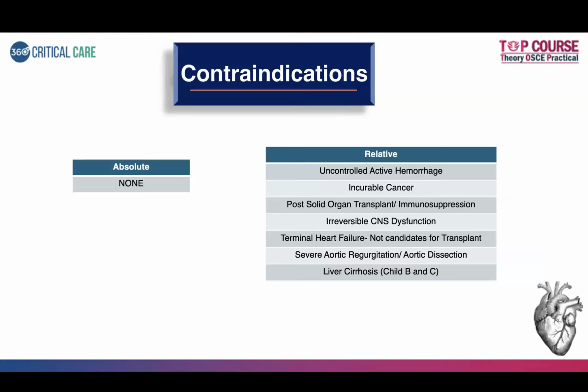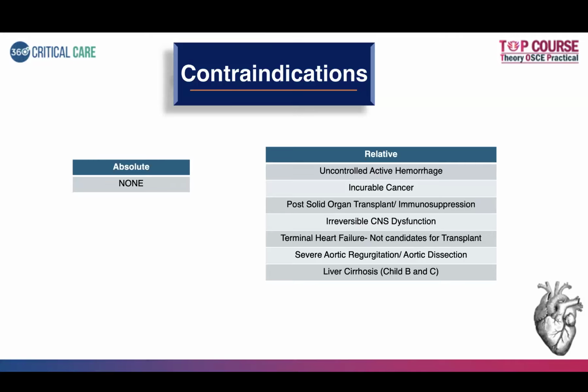So contraindications as per ELSO, in absolute, they don't have any contraindications per se. That is, if at all the need for ECMO is there, you can proceed for it. But there are many relative contraindications, whereby if these issues are there, the chance of a patient undergoing ECMO and coming out of it is going to be very less likely. So the relative contraindications are uncontrolled active hemorrhage, incurable cancers, post solid organ transplant or immunosuppression because of the risk of infections, irreversible CNS dysfunction because we are not going to have a proper endpoint, terminal heart failure who are not candidates for transplant.